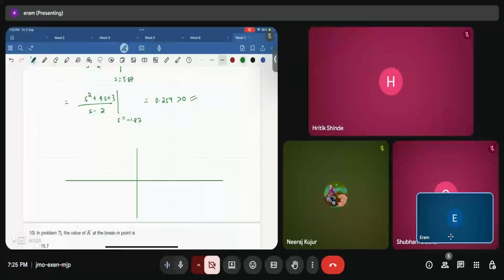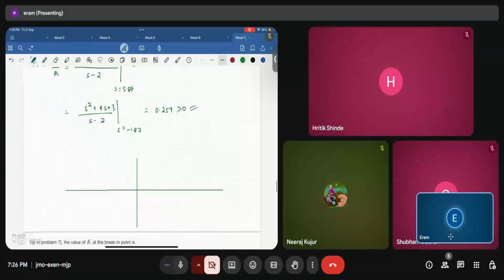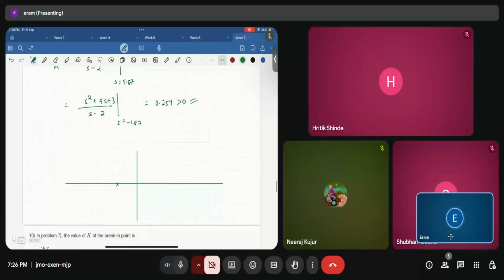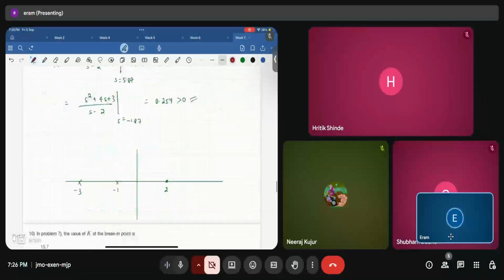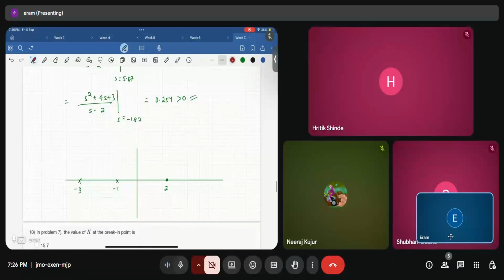So if we see our points on the S plane, our poles were at -1 and -3. Let's visualize this thing. And our zero was at s equals to 2. Okay. And the point on the S plane we are getting as 5.87 is somewhere here.